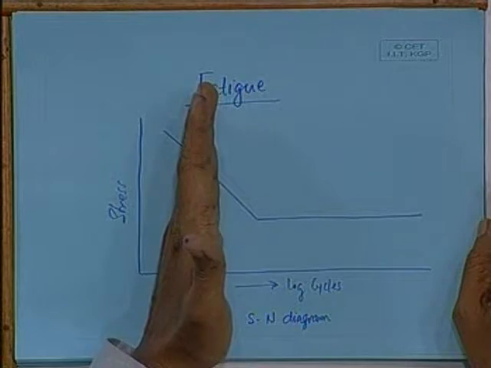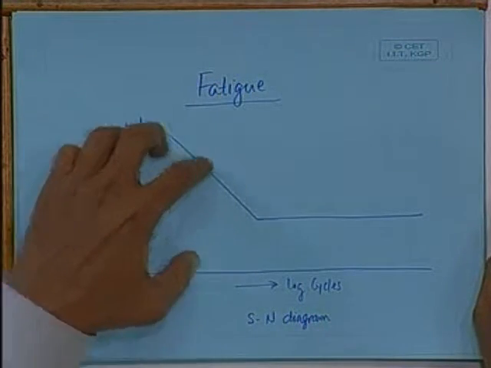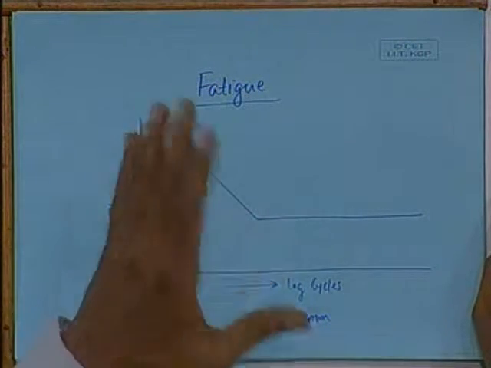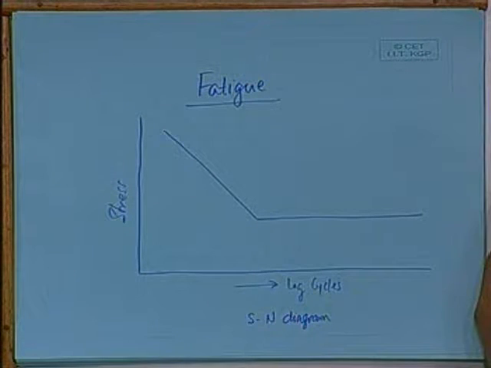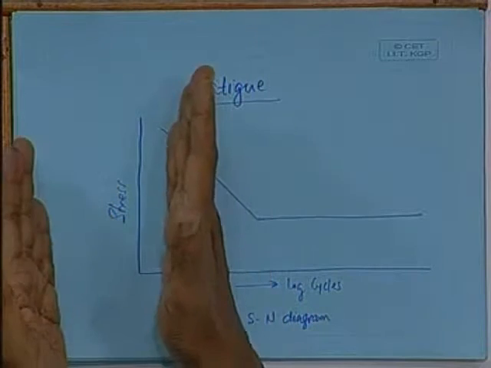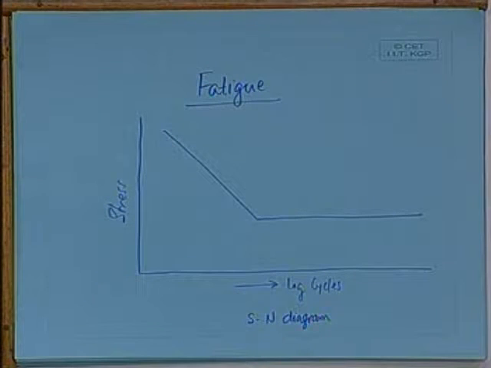Suppose steel was here, I can go for another material which can go to the left, and the fatigue strength will increase, provided of course I stay within that cycle. But general observations regarding fatigue indicate that it is not so.